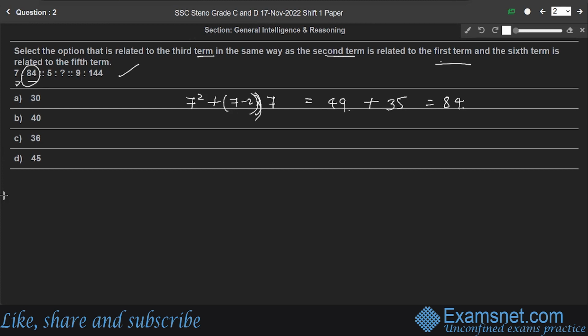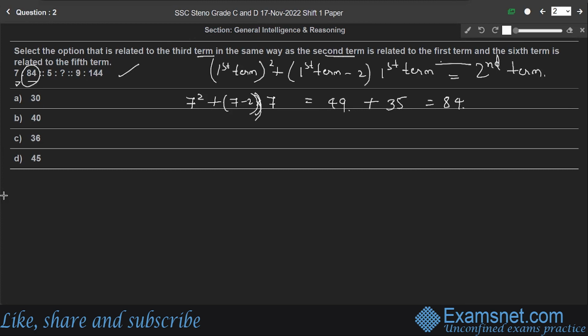Therefore, the logic is square of a first term plus first term minus 2 into first term, is equal to second term.